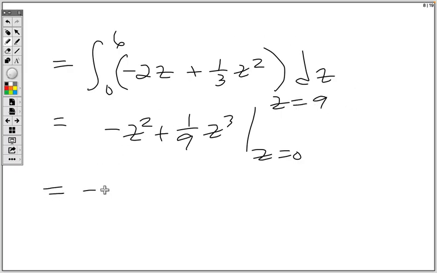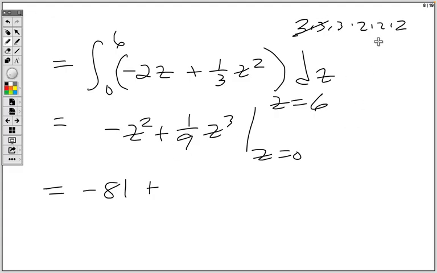So this is going to be a minus 81 plus 1/9. Well, let's see here. I'm sorry, we're plugging in z equals 6, not 9. I'd have 6 cubed, right? So 6 cubed, that's 3 times 3 times 3 times 2 times 2 times 2. 2 of those would get canceled out there, right?